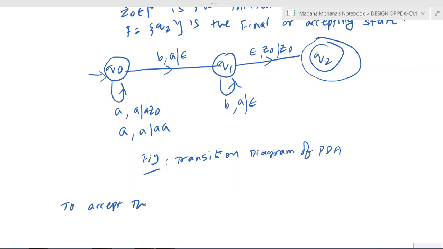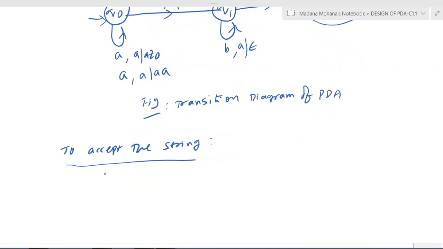To accept the string, consider the sequence of moves made by the PDA for the string, let us say AAA BBB. If n equal to 3, you will get this string.